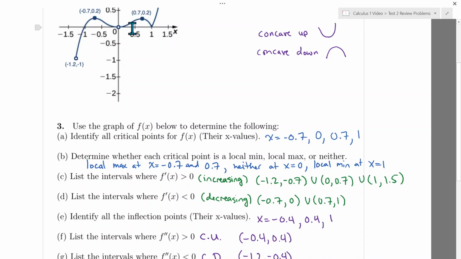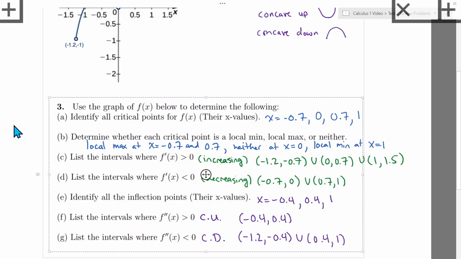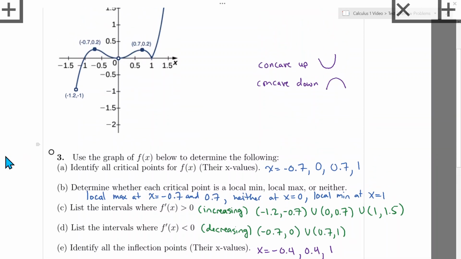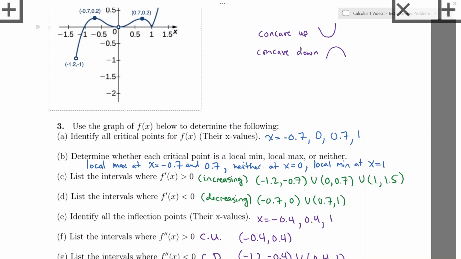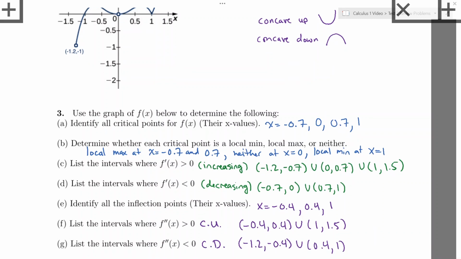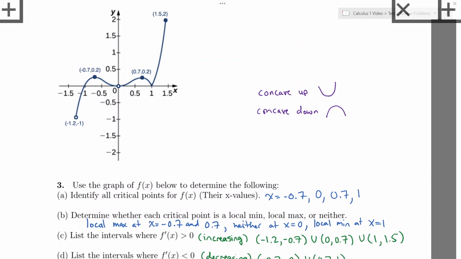And then from 0.4 to 1, it's concave down. And then finally, this last portion here is concave up, so that it's from x equals 1 to 1.5. Okay, so these are the various features of the graph.